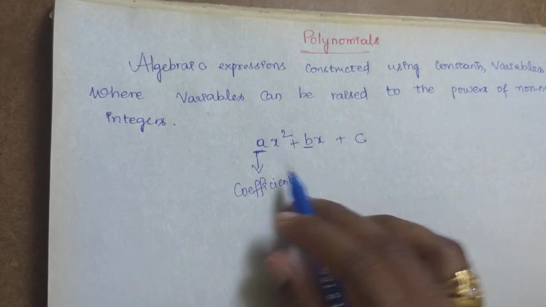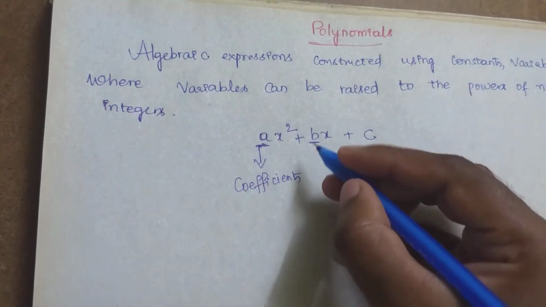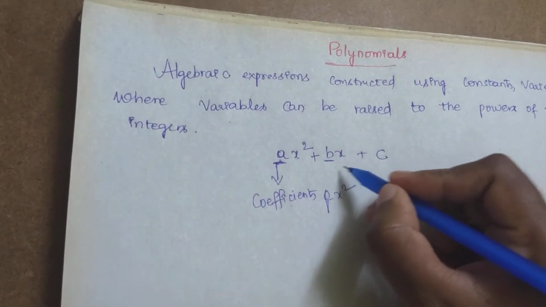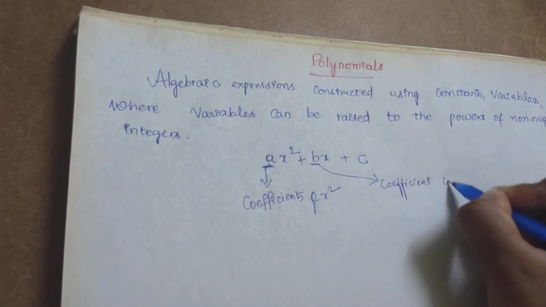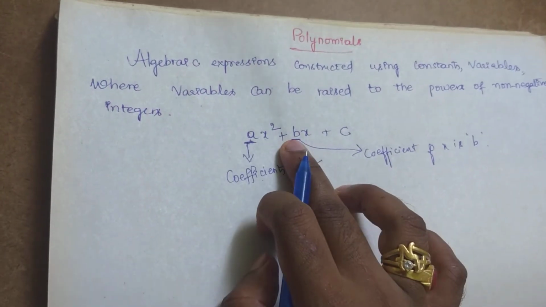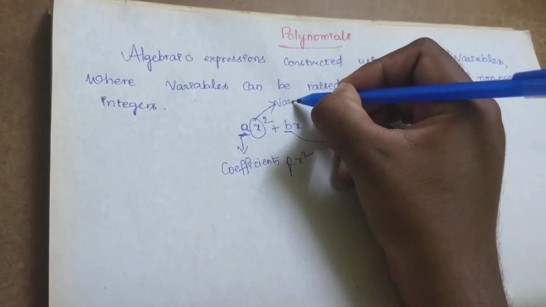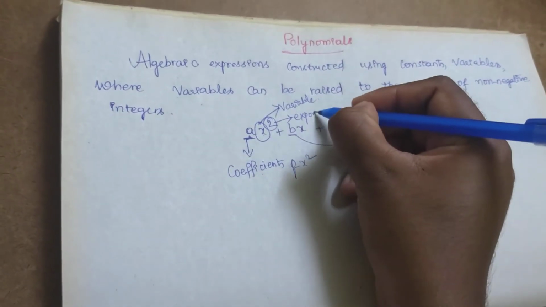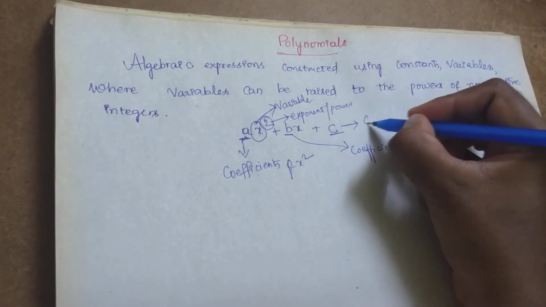This is the coefficient of x square is a and the coefficient of x is b. Clear? These are called coefficients and this x is called the variable and this is called the exponent or power, and this c is called the constant.